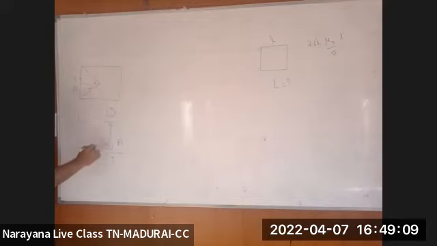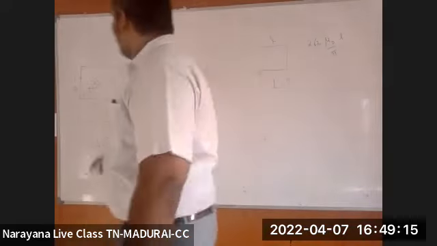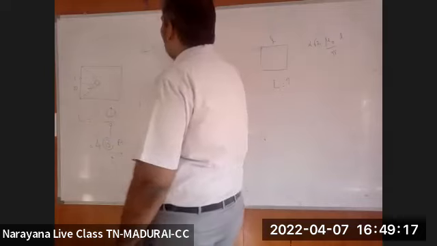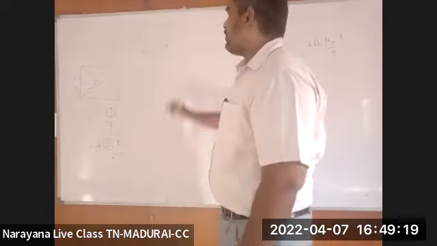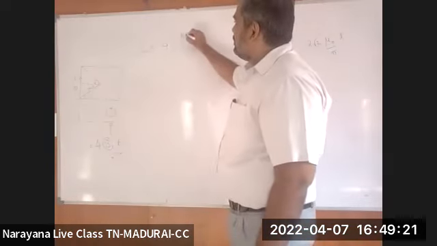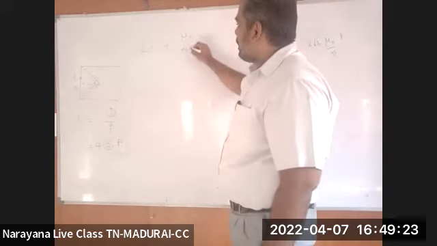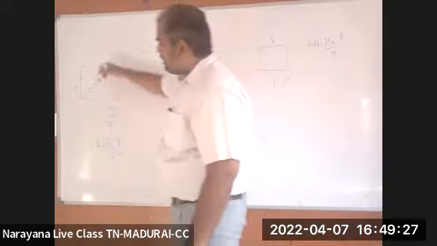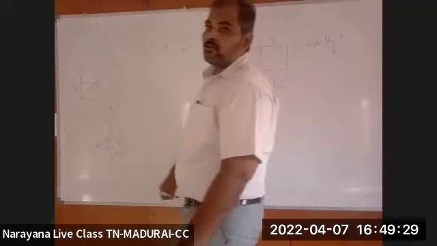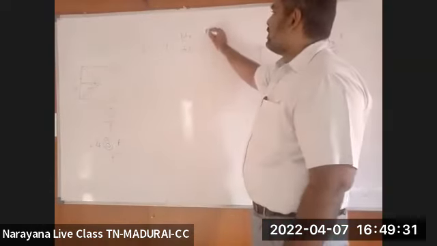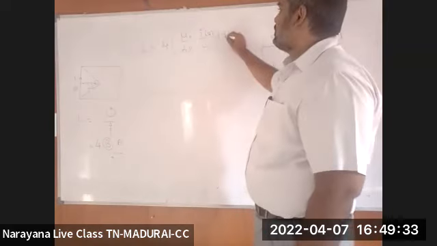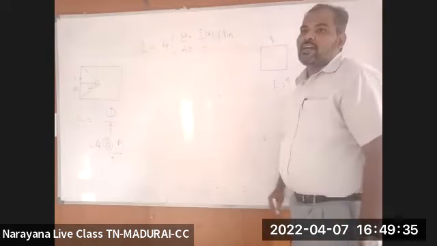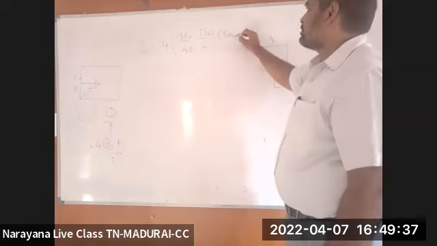So I can write 4 into magnetic field due to a single finite wire. What is the magnetic field formula for each finite wire? Mu naught by 4 pi into I divided by perpendicular distance. What is the perpendicular distance? L by 2. L by 2 into how much? Sine of 45 plus sine of 45.